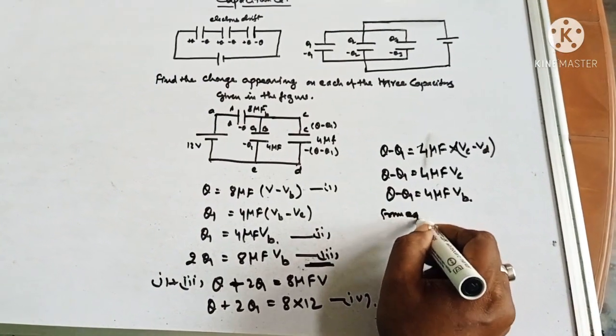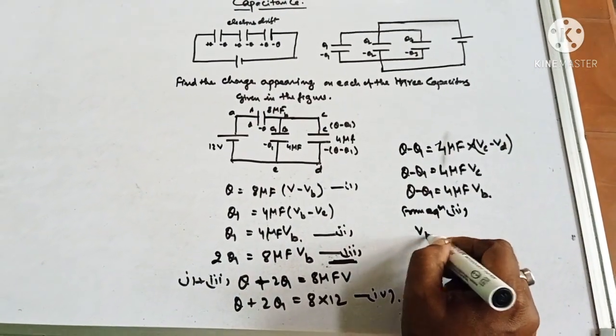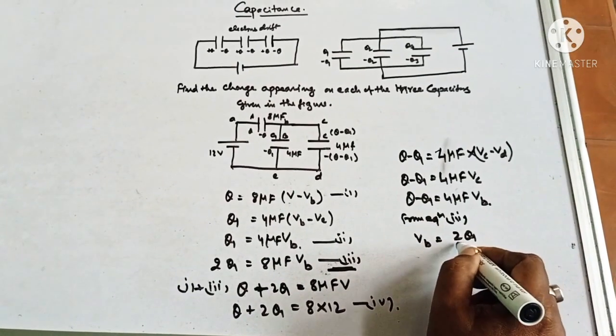From equation 3, I get the value of VB, that is equal to 2Q1 by 8.